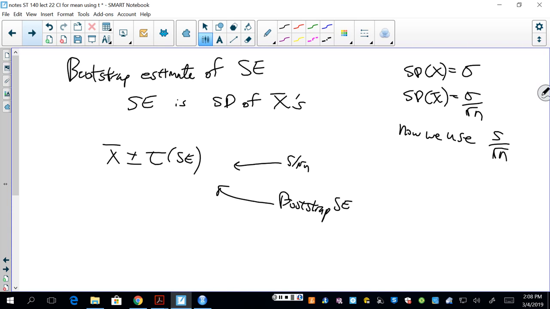It can be done in situations where just one simple formula like s over square root of n doesn't quite work. I've encountered this in a number of research projects where the data come in, there's some missing values or values that need to be edited, and some are unreasonably high or transformed to be more reasonable.